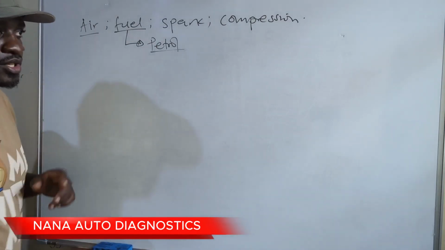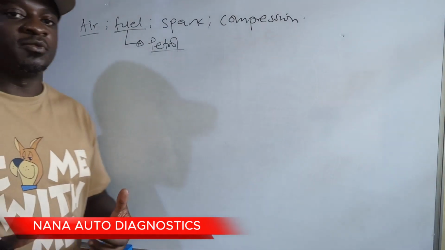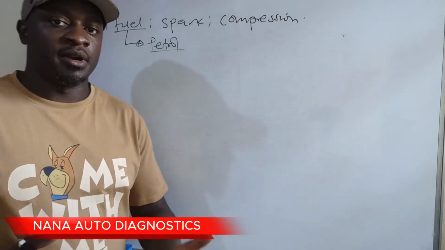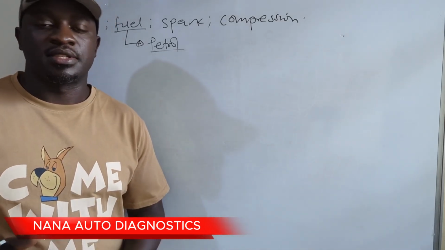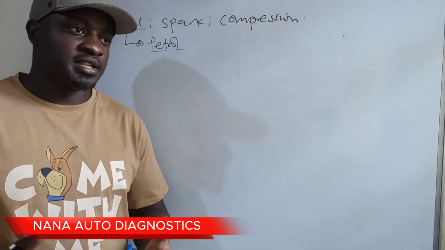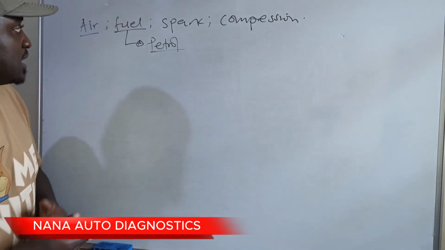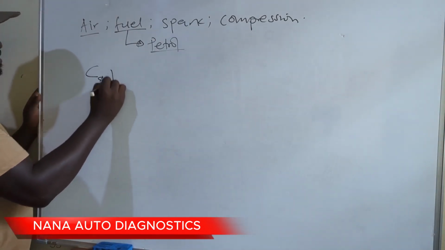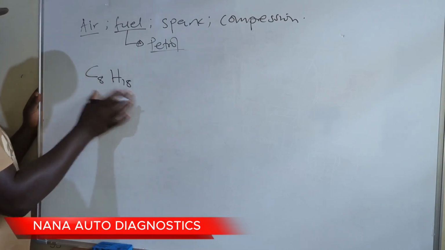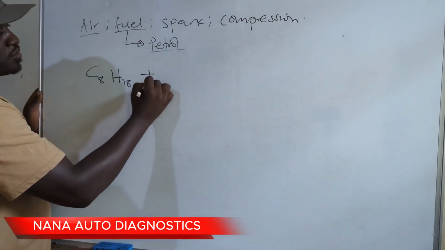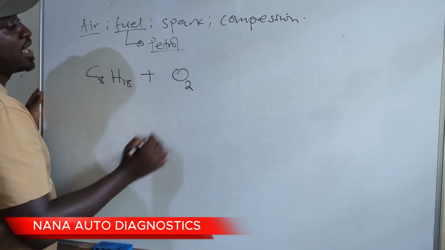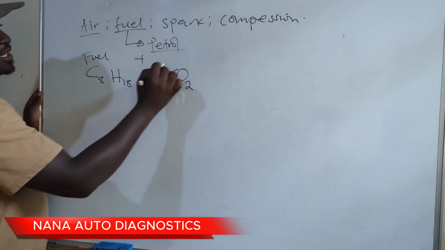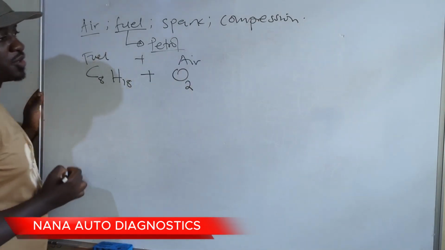And petrol is usually comprised of a number of components such as paraffins, alkanes, cycloalkanes, and others. But for simplicity, I will represent petrol as C8H18. This is an alkane. So I'm going to combine it with air. So this is fuel. I'm combining it with air, which is oxygen.